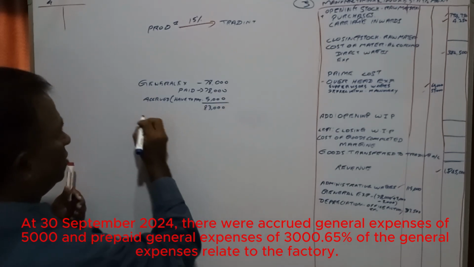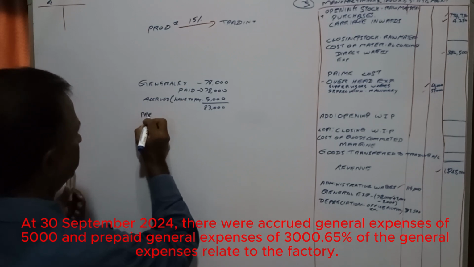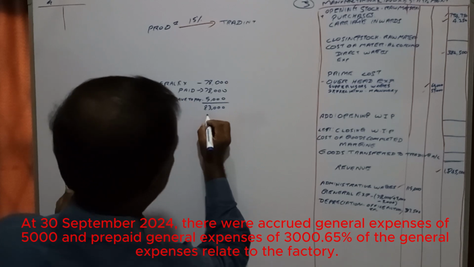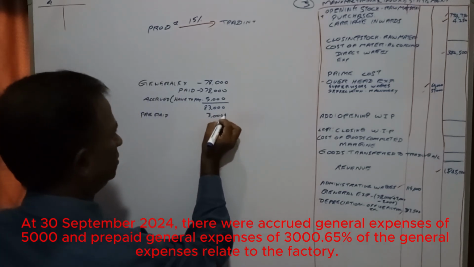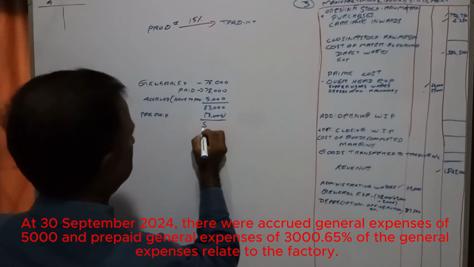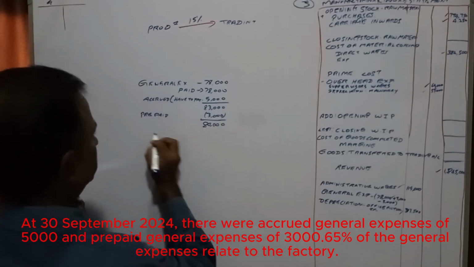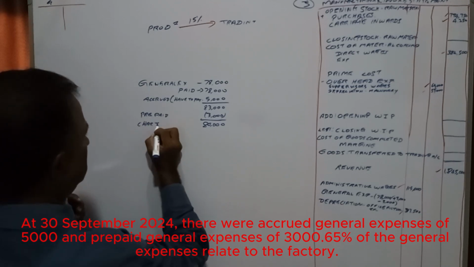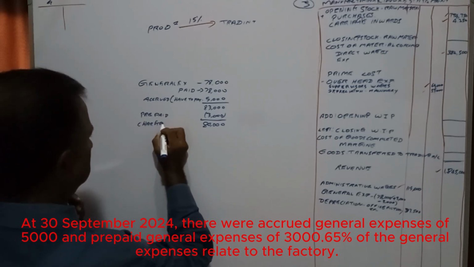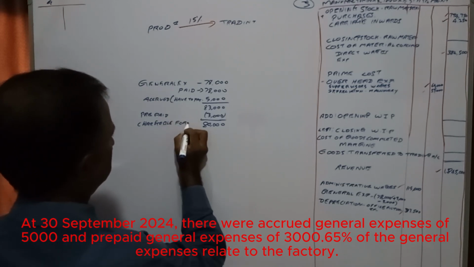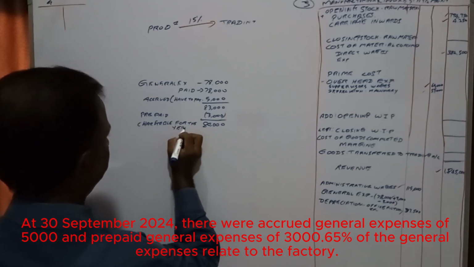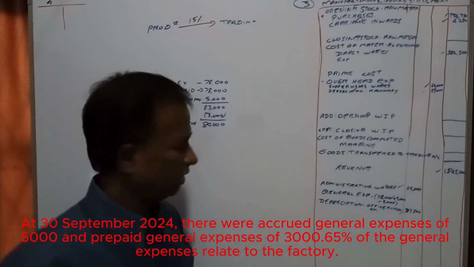Out of 83,000, prepaid 3,000 you have to deduct. Then the balance is 80,000, chargeable for the year.